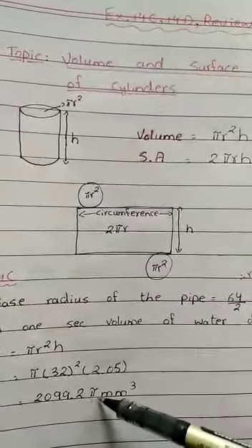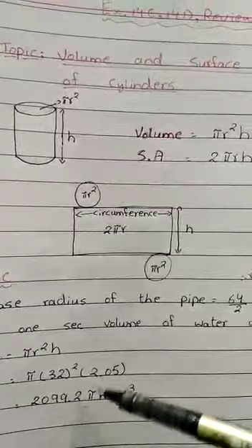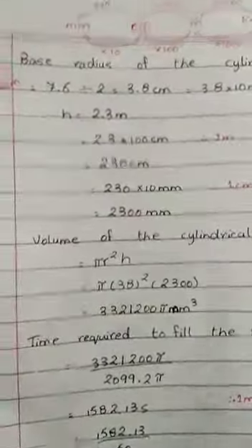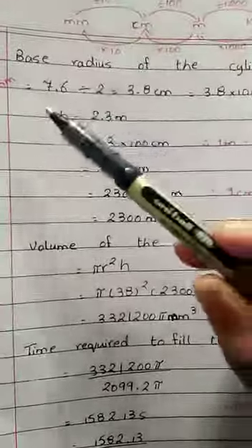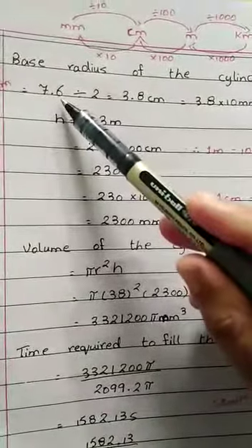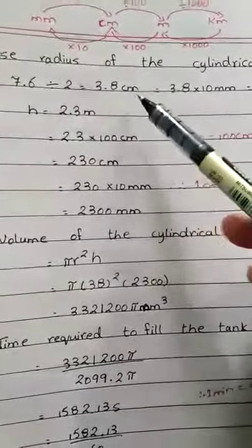No need to solve further, because in the last step we can cancel pi with pi, so keep it like this. Now we will find the base radius of the cylindrical tank. The diameter is given as 7.6, so 7.6 divided by 2 gives 3.8 centimeters.